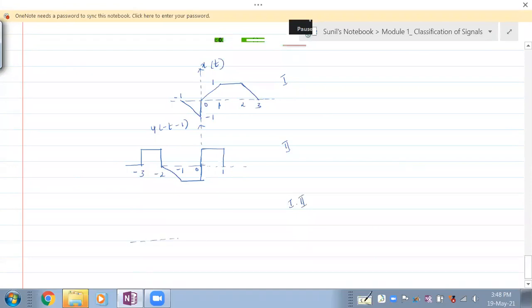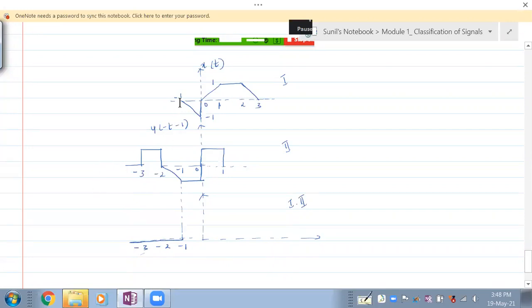So how would that look like is what we need to do. From -3 to -1, it's as good as doing 0 into some signal. So it would be this.